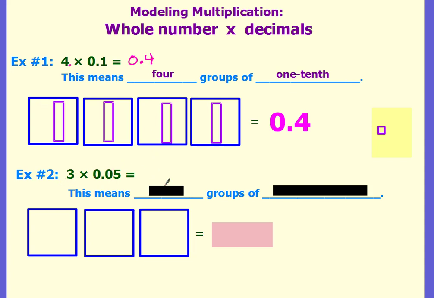3 times 5 hundredths. This means 3 groups of 5 hundredths. So I'm actually going to draw it instead of trying to move them, and you need to draw it as well. Here are the 3 groups. The size of each group is 5 hundredths, so we need 5 of the little squares, and we're going to draw this in each group.